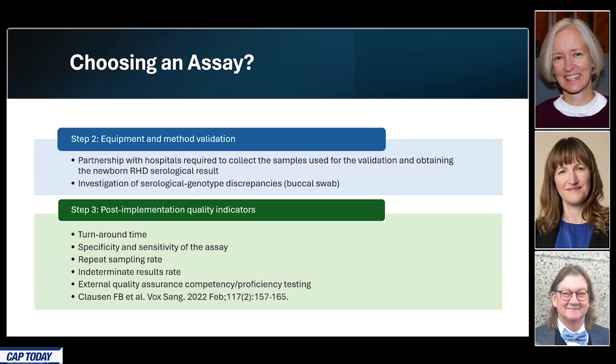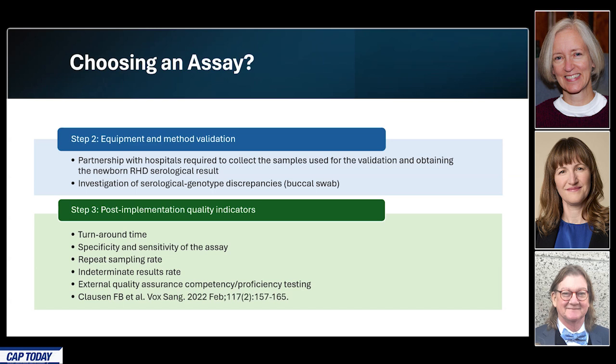The other 2 steps when choosing an assay are the equipment and method validation and defining quality indicators. To name a few, you should evaluate turnaround time, specificity and sensitivity of the assay, repeat sampling rate, indeterminate result rate.